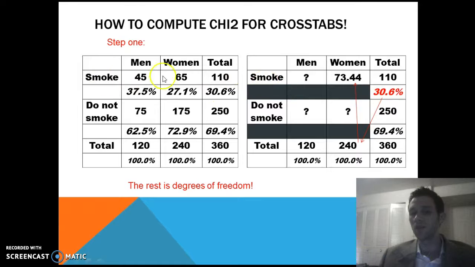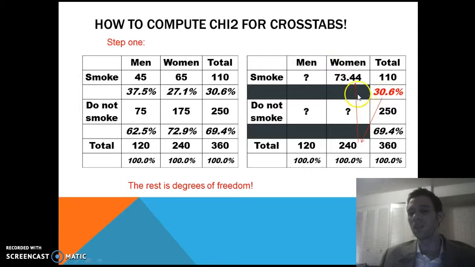So for example, here we have 30.6% of people that smoke, but 37.5% of men smoke compared to 27.1% of women. So that's what we observe. But we start with this assumption, or it's almost like a little game, right? Let's pretend the independent variable doesn't help us. What would we see?